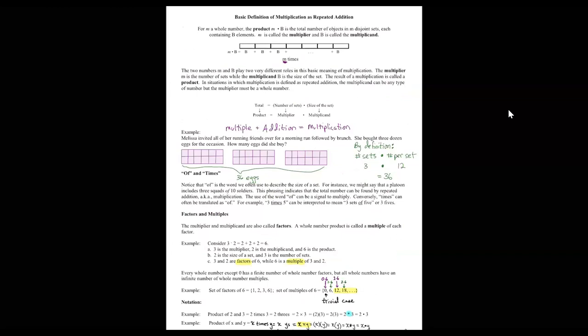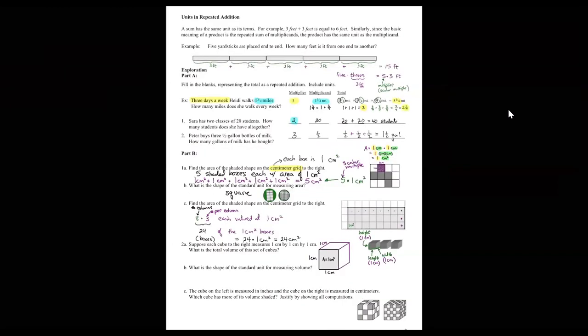So number of sets, size of the set. We can look at this as the number of sets. We can look at this as the size of the set. Air quotes around it, but that's essentially what it's going to end up being.